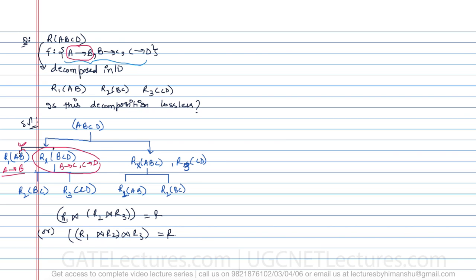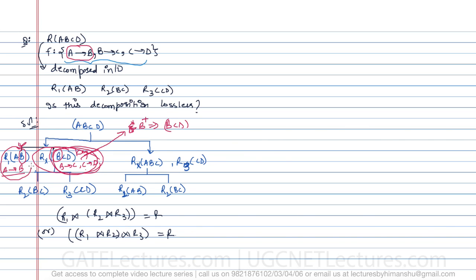So here the common attribute is B. Now if we break this relation like this, then we have to identify that B should be a key attribute in at least one of the tables. So if you check this table, B determines C and C determines D, so if you take B closure, you are going to get B, C, D. That means you are going to get all the attributes.